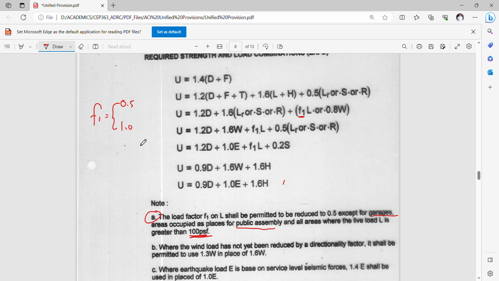So for the second note, where the wind load has not yet been reduced by a directionality factor, it should be permitted to use 1.3 W in place of 1.6 W. Okay, so because wind analysis is perhaps done using a lot of methods. Now we have the directionality procedure, we have the envelope procedure, we also have the wind tunnel procedure.